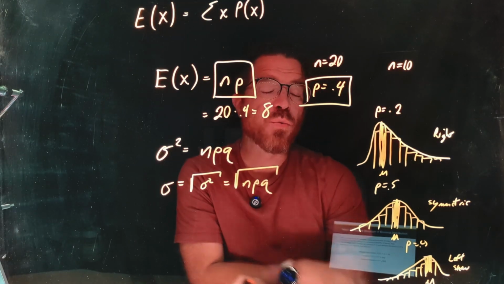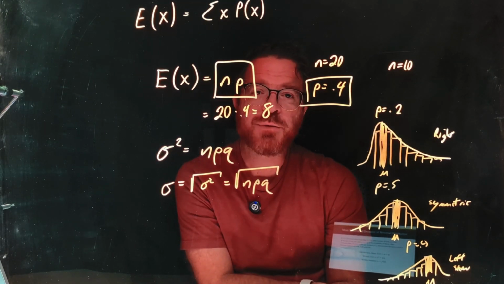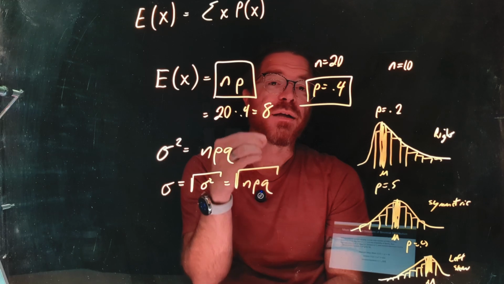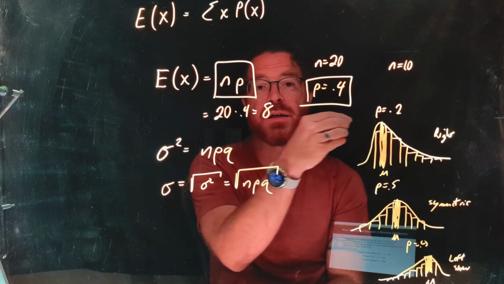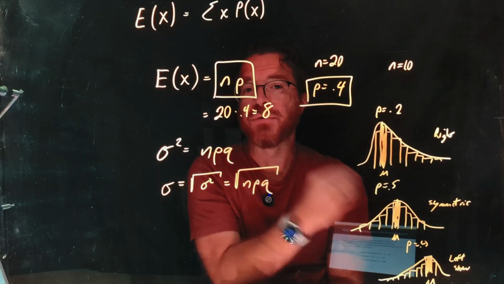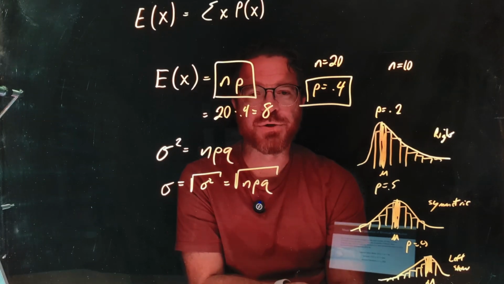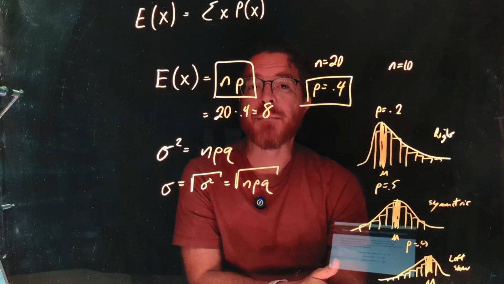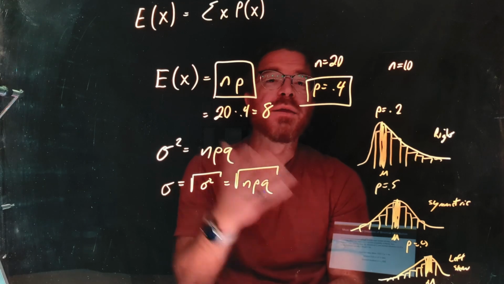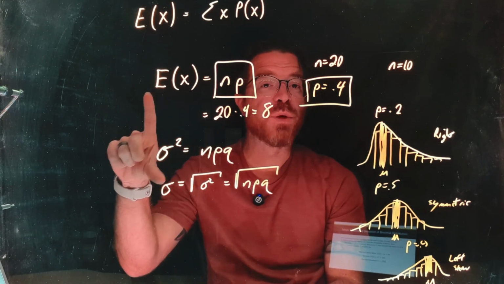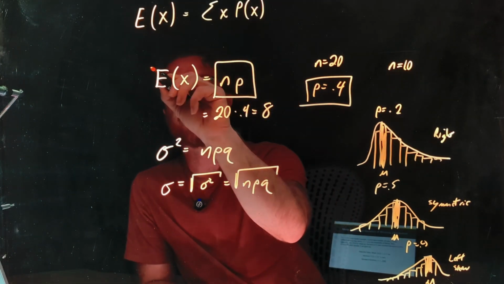So if you know that you're working with a binomial probability distribution, this is actually a lot simpler than the method you learned in 4.1. Now, 4.1 works for any discrete probability distribution, but it does involve a lot more numbers and calculations. This is specifically for when you have a binomial probability distribution.